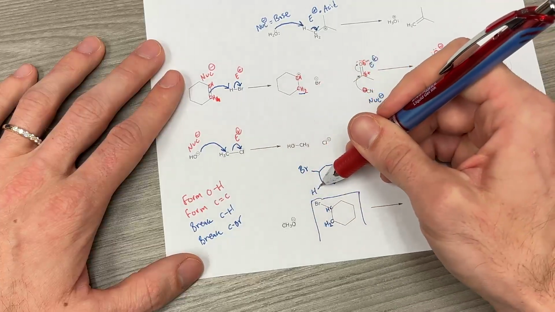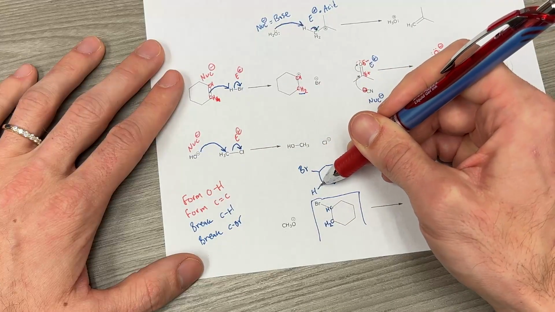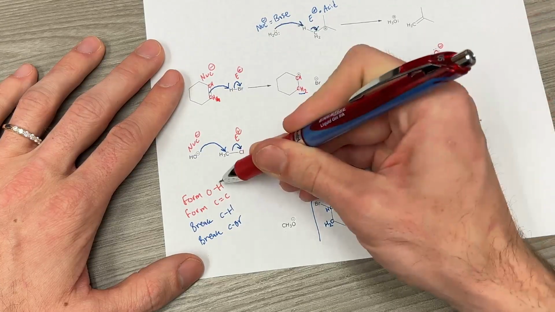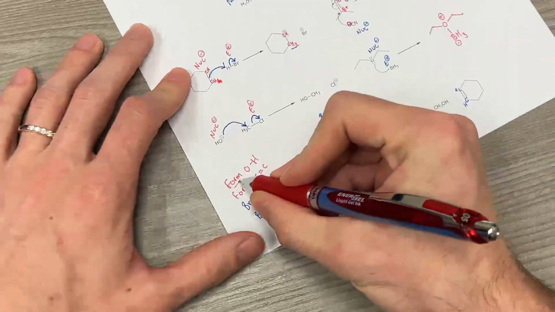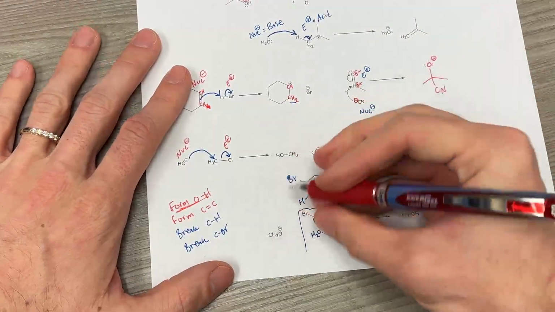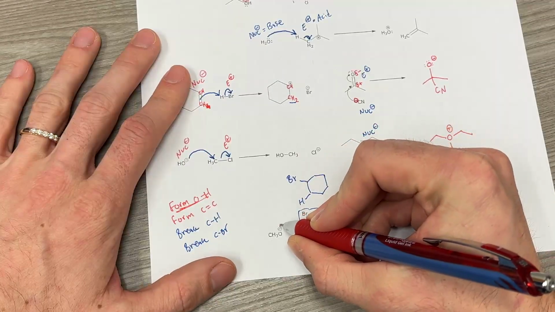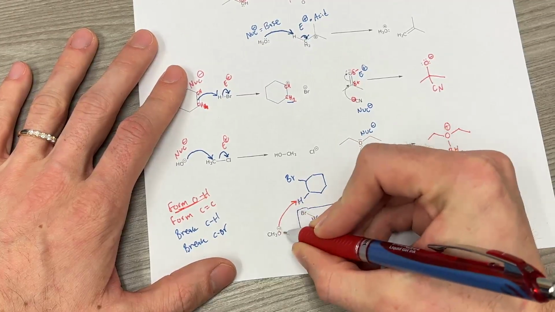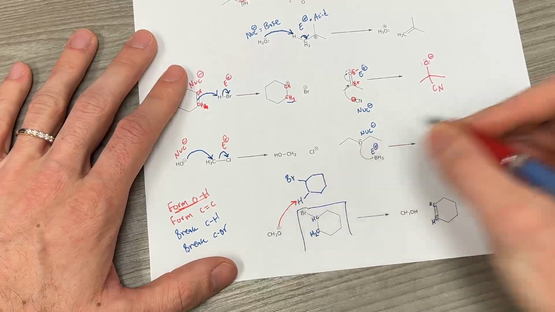While I break this, I know that carbon will get it back, and I also know that oxygen will need to donate electrons to form the bond to that hydrogen. So this negative charge represents electrons. I don't need to show the lone pairs if I have that negative charge.